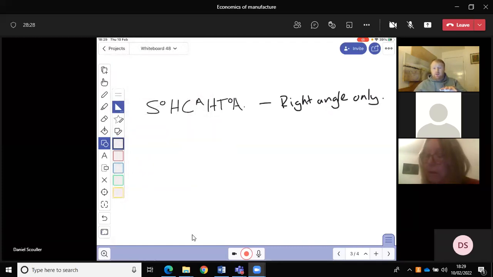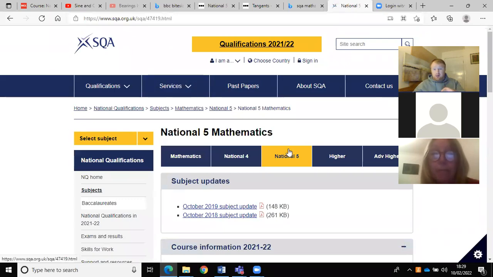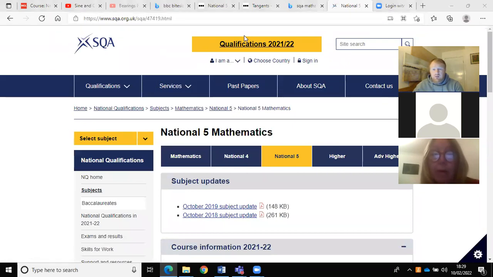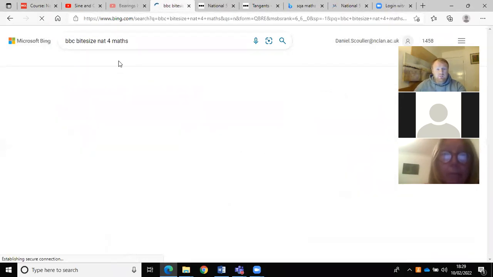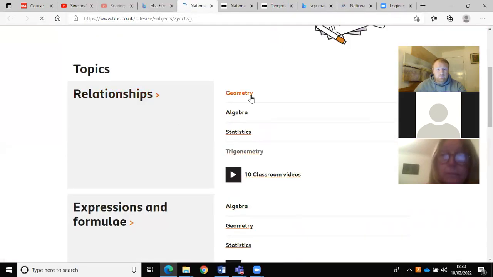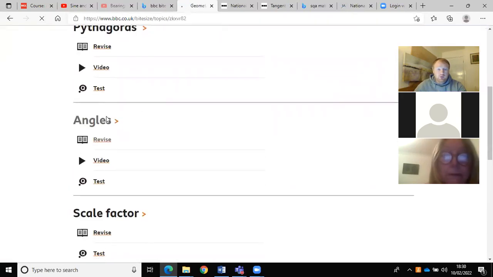If I move too quickly and you miss something with SohCahToa and you want a wee refresher, incidentally, that's the SQA website just for any updates. There's nothing up. Nat 4 Bitesize has a lot on this type of stuff, in trigonometry.